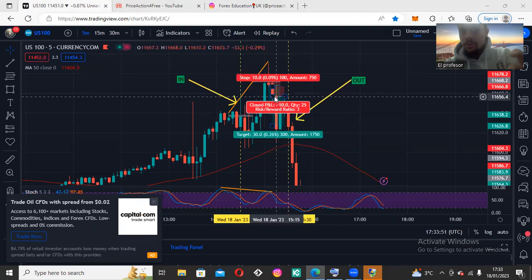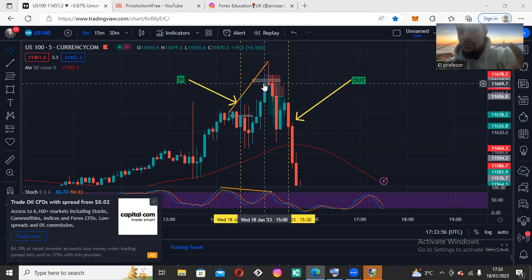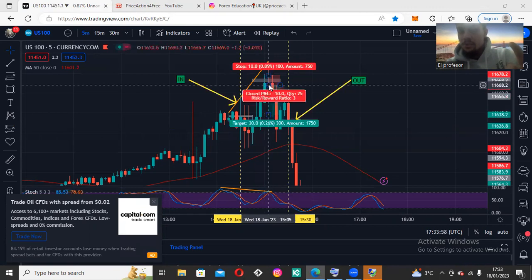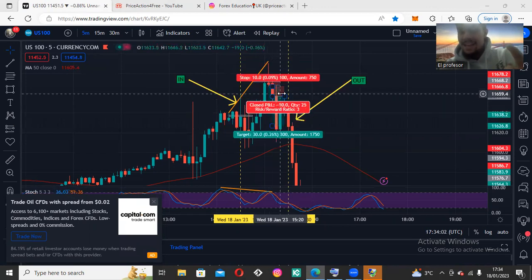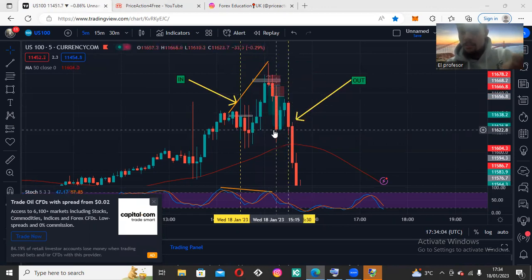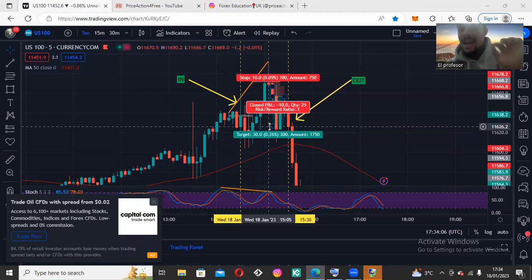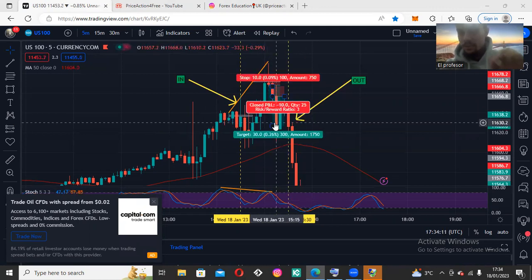Risk to reward 1 to 3, and both of them, first, the price hit the TP, and the second trade, the price hit the TP. So if I trade today, it would be a really, really nice setup.